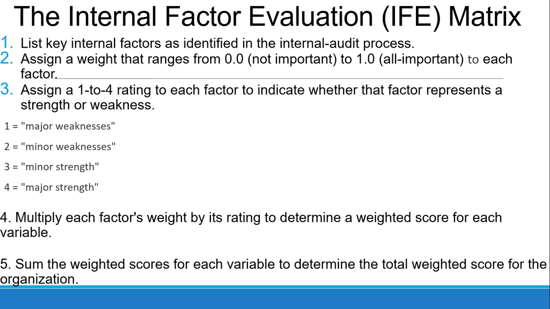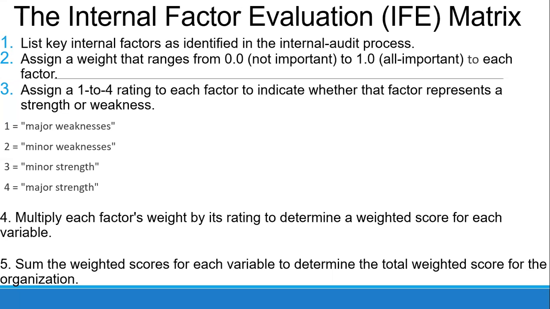And it usually involves an attempt made to summarize and evaluate the major strengths of an organization and the major weaknesses in the functional areas of the business.